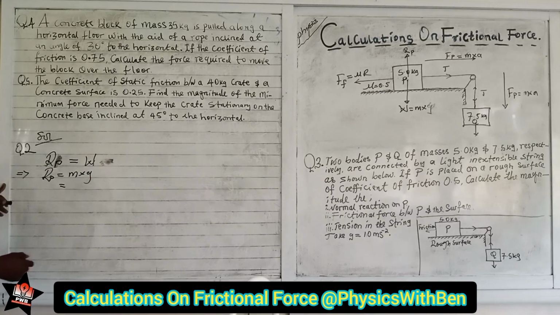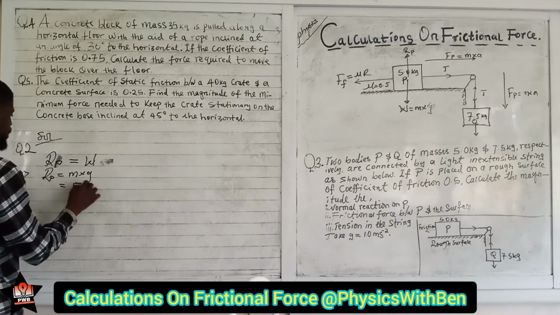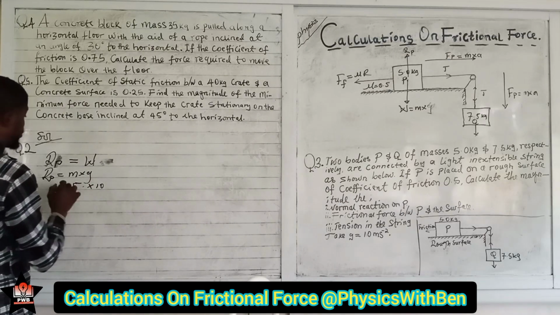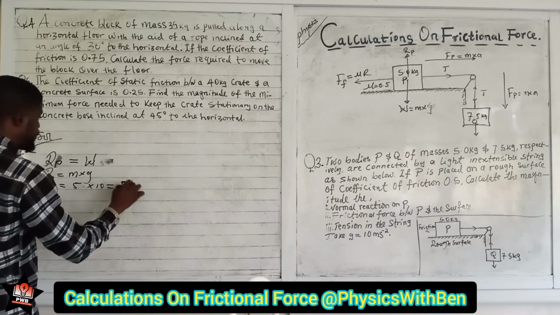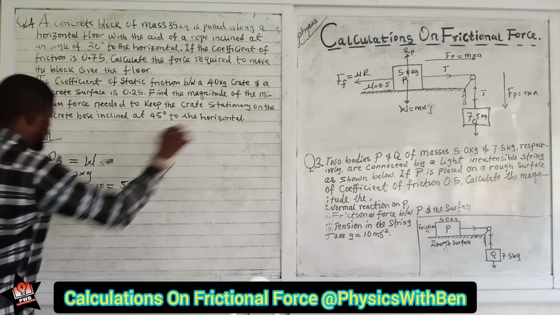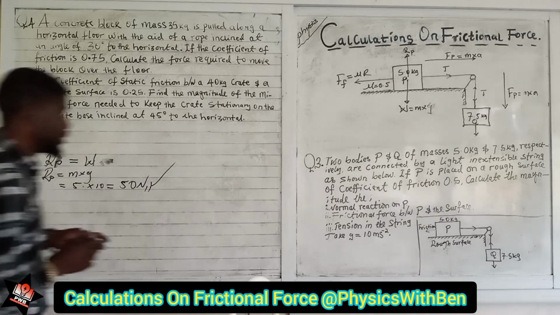By correct substitution, we have 5 times 10. That would give us 50 Newton. That is the normal reaction on P.